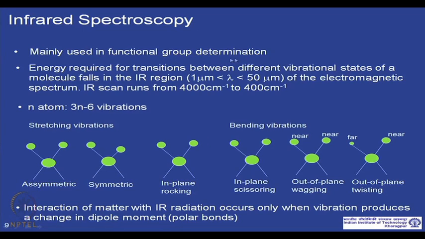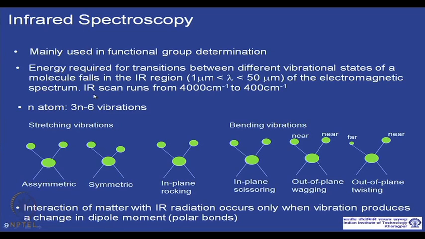As we all know, IR spectroscopy is mainly used in functional group determination, and it is basically a transition between different vibrational states of a molecule, where the energy gap between the vibrational states resonates with electromagnetic radiation having a wavelength of 1 micron to 50 microns.